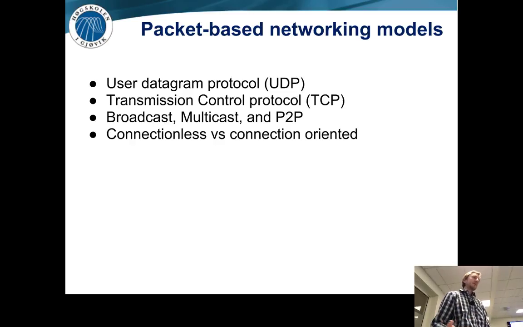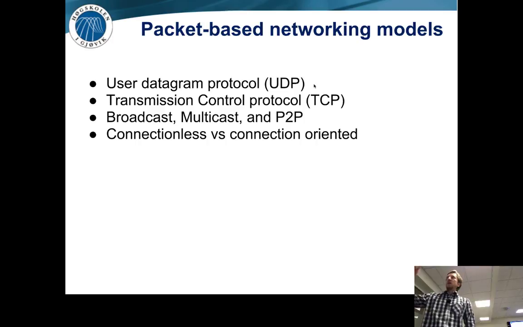So, a final slide, back to the stack. TCP, layer 4, and IP is on the network layer 3. TCP is used for communication where we don't want to lose any packets, right?